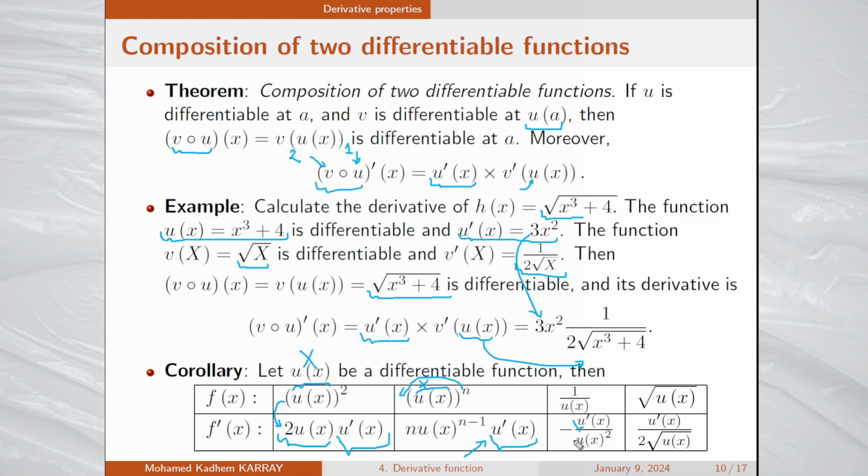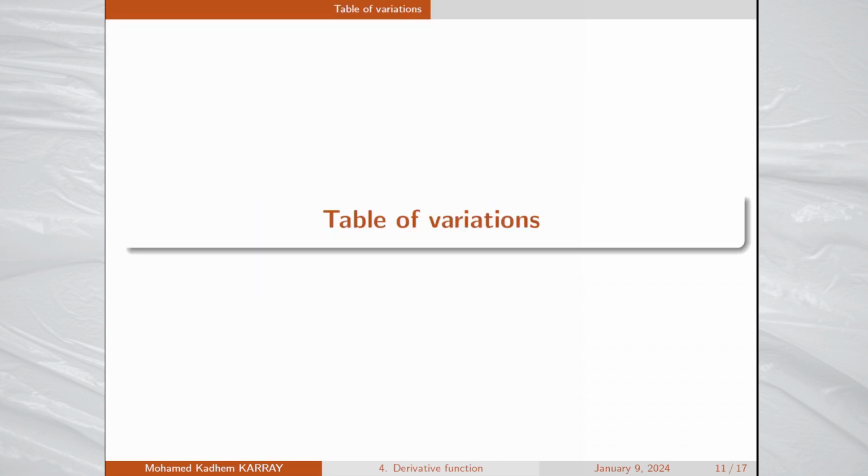So this is the first term here, which comes from the fact that it is 1 over x, and then the correcting term is always the same. Similarly, the derivative of square root of u will be u prime divided by 2 multiplied by square root of u. So you see that all these formulae may be retrieved by recalling the corresponding formulae for the power of x, and then adding the correcting factor u prime. Try to keep this in mind, it is very important in exercises. We move now to the section about the table of variations.